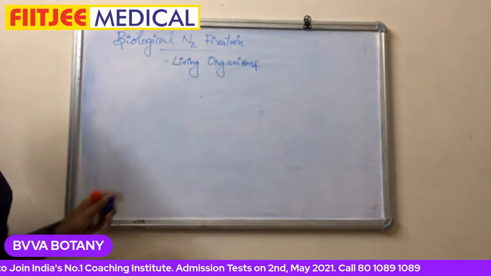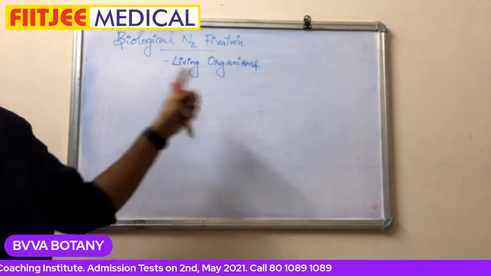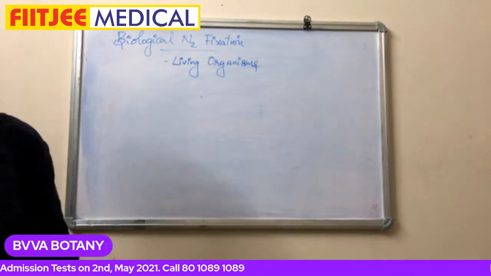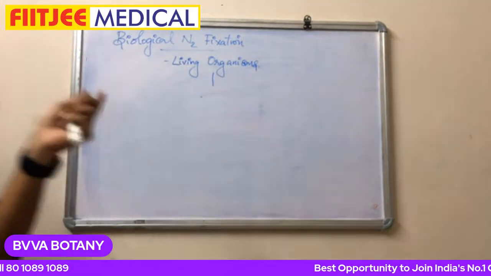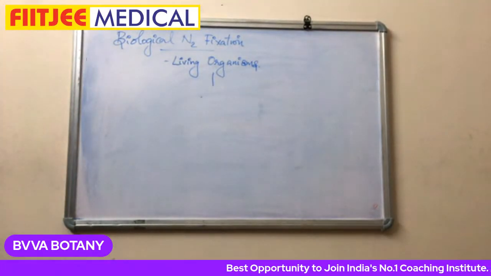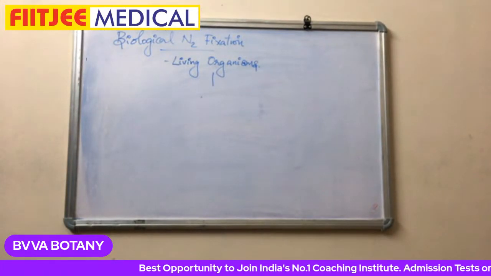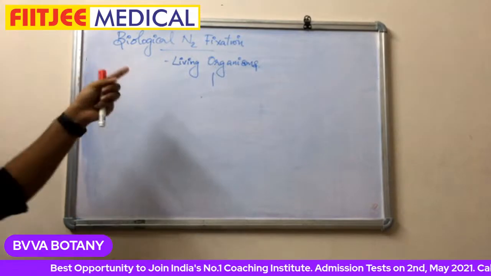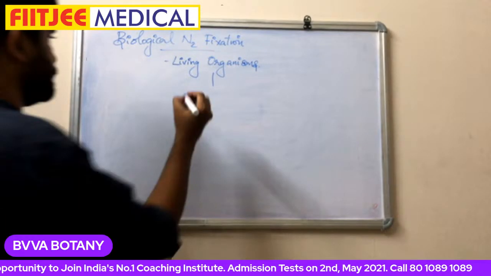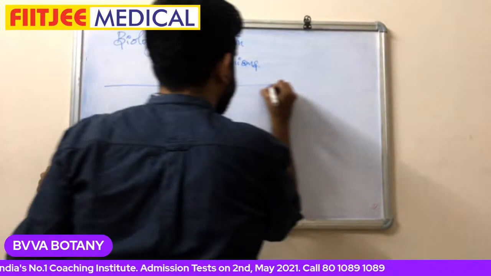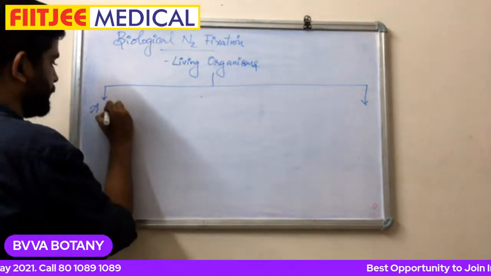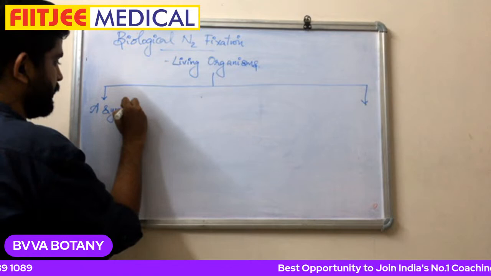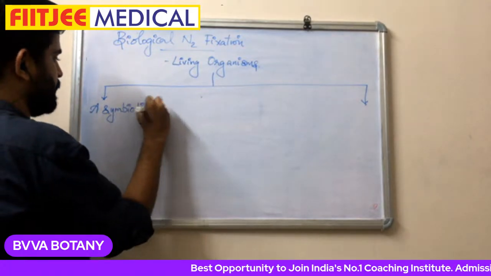The living organisms used for this biological nitrogen fixation can be broadly divided into two types: symbiotic and non-symbiotic. We can write asymbiotic.